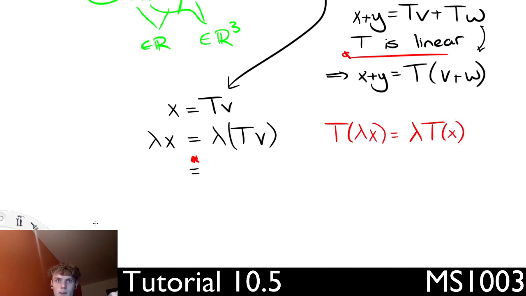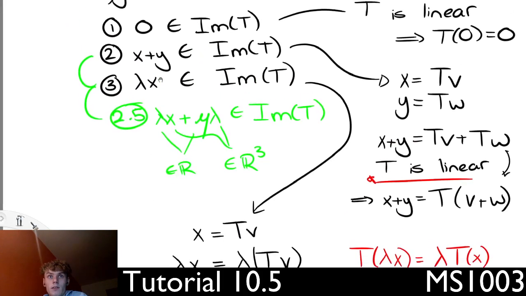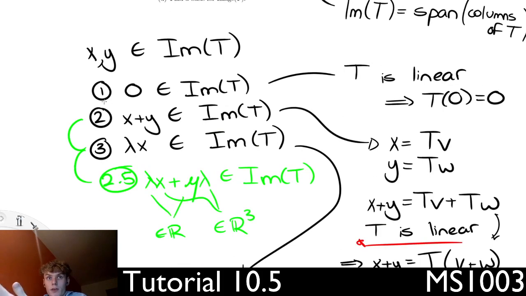Like that. So here, there's no reason why I can't just bring the scalar inside and get t of lambda times v equals lambda x. Well, now I've found a vector, lambda v, which gets mapped by t to lambda x. So lambda x has to be an element of the image of t. And so I've checked all three things, right? I've checked that if x and y are in the image of t, then these three things are true.